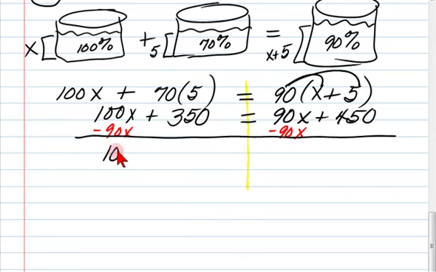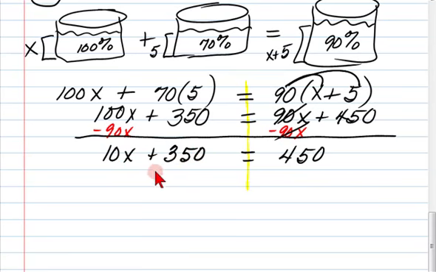That gives me 10x plus 350 is equal to, those 90x's are inverses of each other, and I end up with 450. Now, I need to focus on the left-hand side because that's where the variable term is, and I need to get rid of the constant, so what's my next step? Not divide yet. I'll subtract.